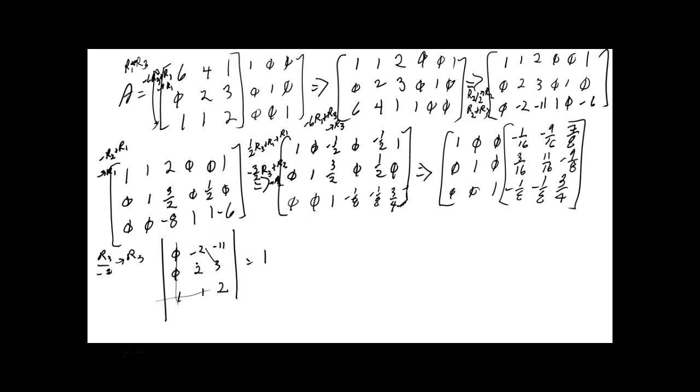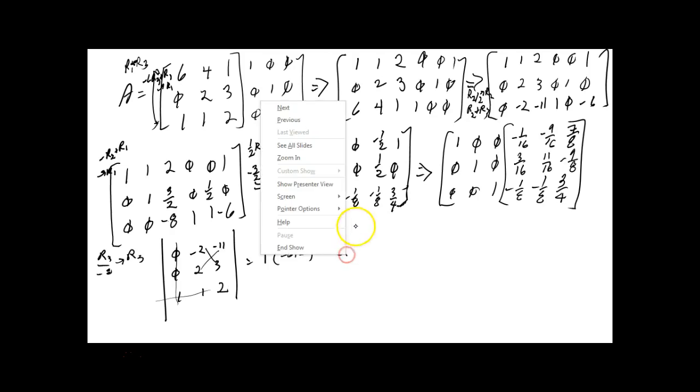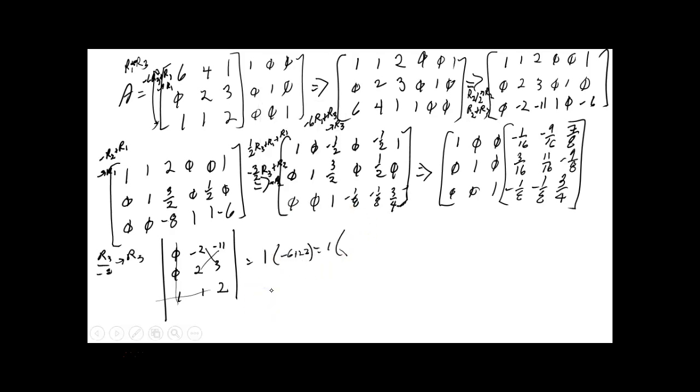And what would that be? Negative 6 plus 22. Okay, what?